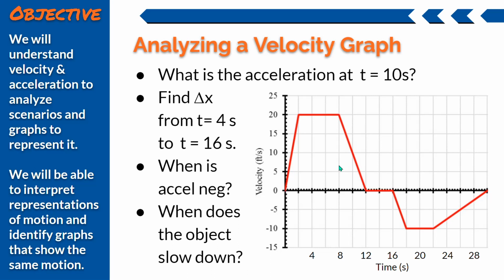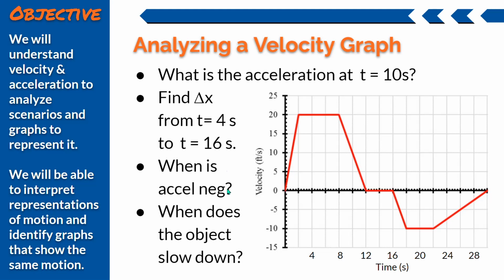Then you have this triangle here, base 4, height 20. 1/2 4 times 20 is 40, plus the other 80 is 120. So you'd have 120 feet in terms of the area from 4 to 12. It says 16, but again, nothing's happening here.